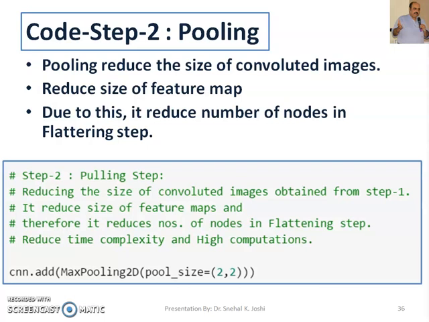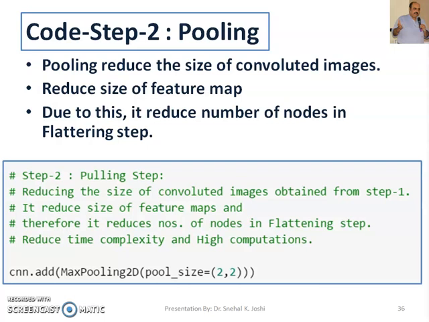So here is the code that we apply for our pooling step. The pooling step reduces the size of convoluted images. It reduces the size of the feature map, and hence it reduces the number of nodes in our next step, which is the flattening step. It also reduces the time complexity and high computations.